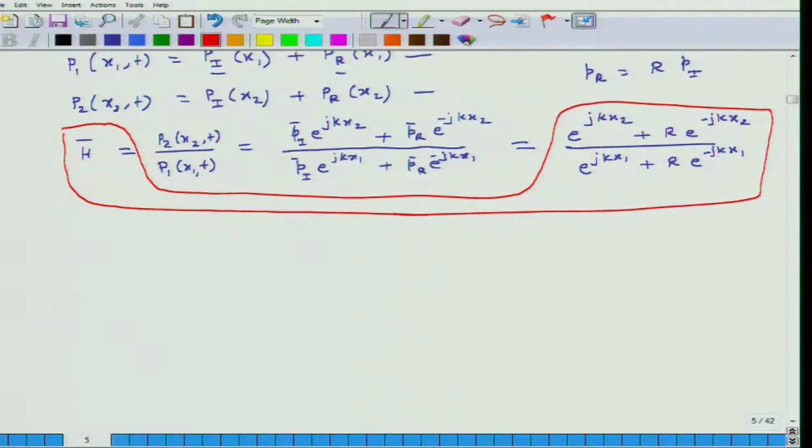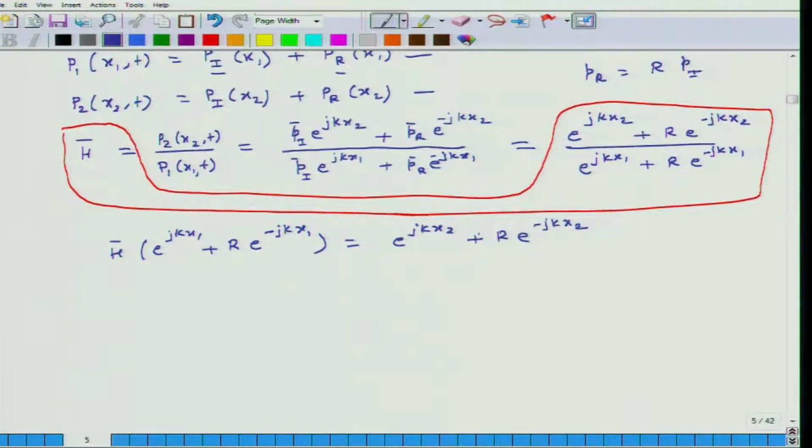Right side, I know x2, x1, and k. So I can find R. So the relation is e^{jkx1} plus R e^{-jkx1} is equal to e^{jkx2} plus R e^{-jkx2}.